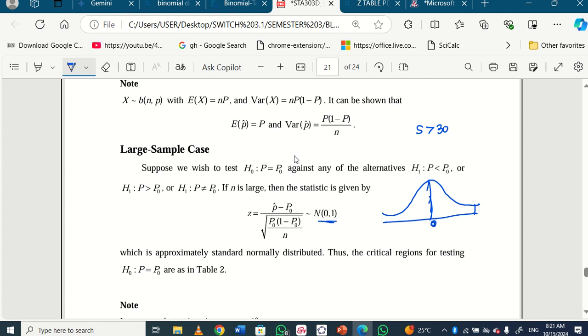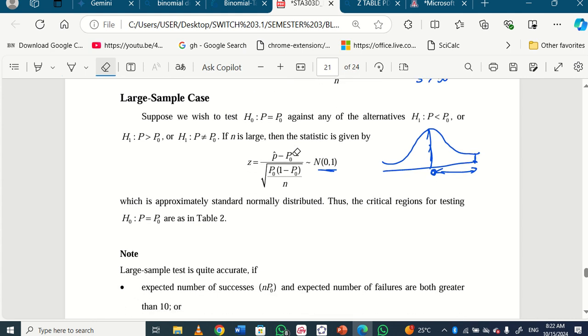The standard deviation, the distance from where the mean is to the very end, is 1. That is what we call the normal distribution. So this is only telling you that this formula is for the normal distribution, and we apply it whenever the sample size is greater than 30, which is a large sample size.